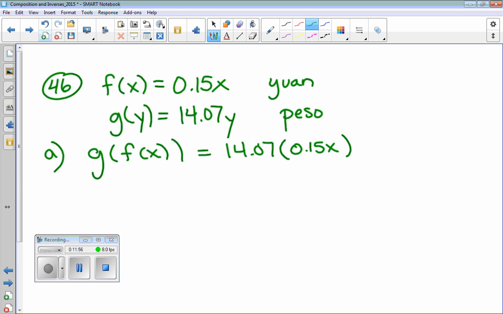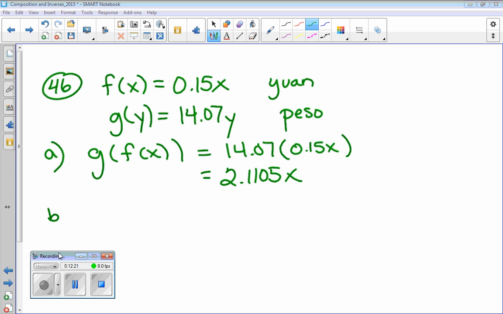I'm just going to simply multiply those, because that's all it tells me to do. I'm going to multiply 14.07 times 0.15, and I get 2.1105. So that is the function that I'm looking for. So that would be part A.